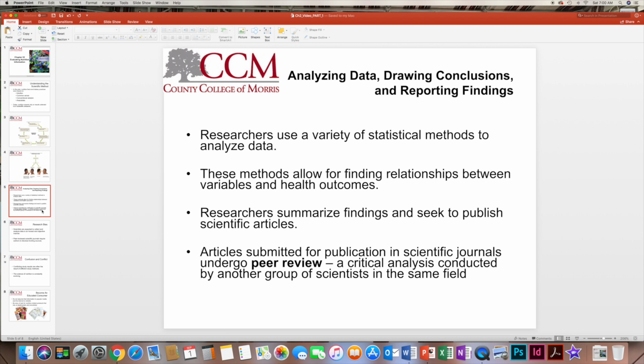In order to get your scientific article published in a scientific journal, it has to go through something called peer review, meaning that there are peers in your field who are very respected, and they will do a critical analysis and determine whether or not this can be published as scientific data.